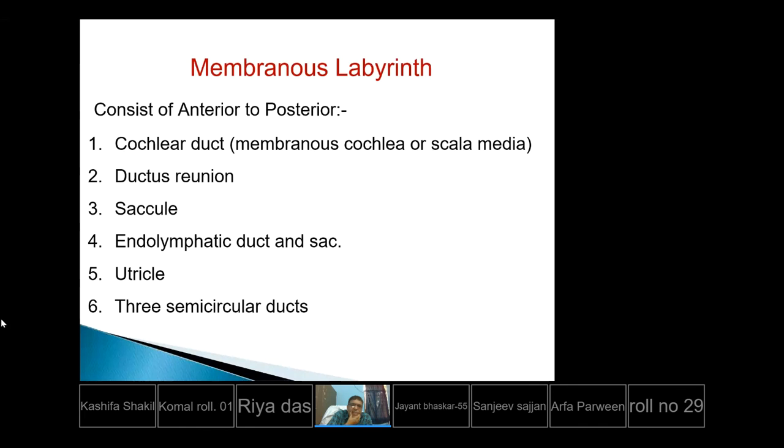Now about the membranous labyrinth, which consists of, from anterior to posterior, as in the figure below.